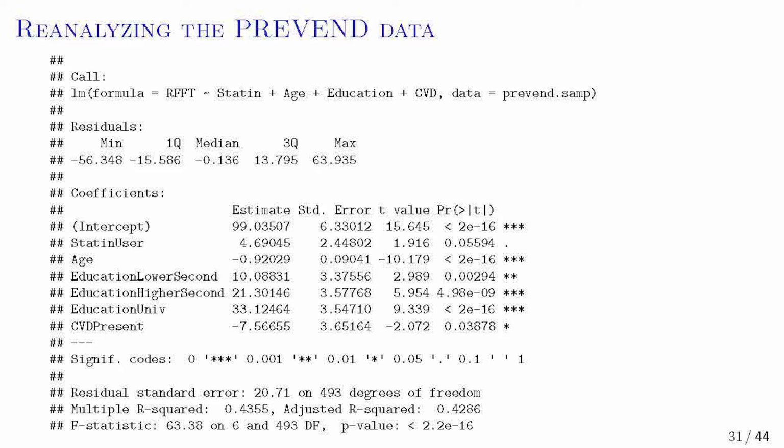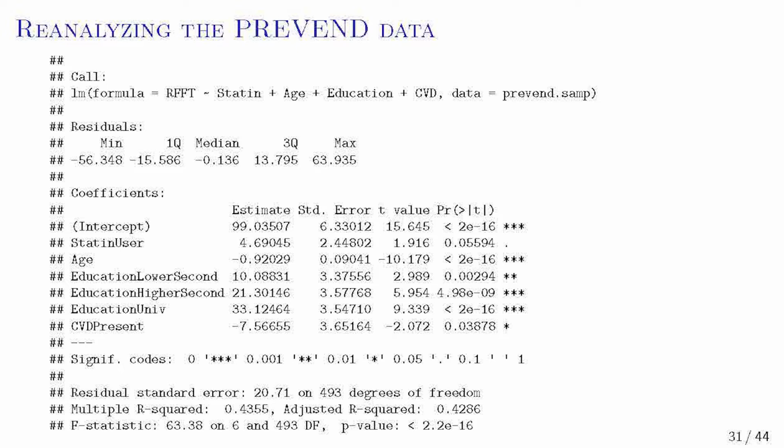Then we go down again to education lower second. We see that that is 10.08. So we would expect a test score 10 points higher than the education baseline. And it's quite significant as well, at alpha equal to 0.01.